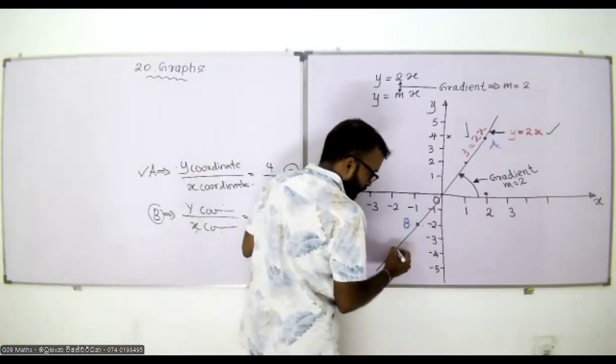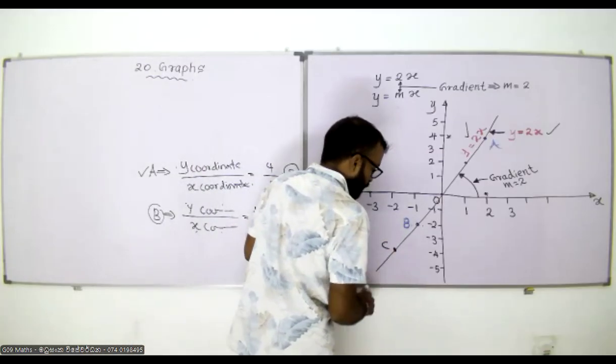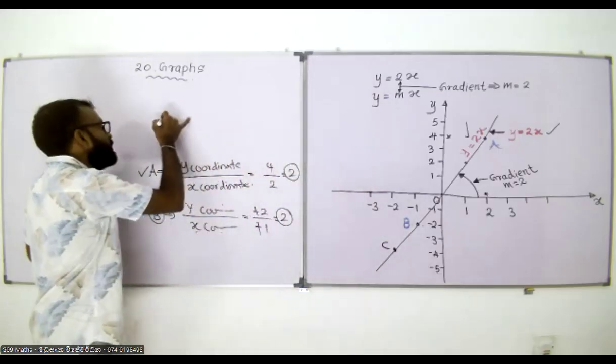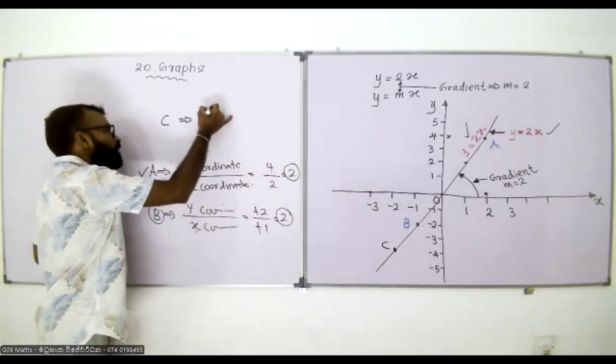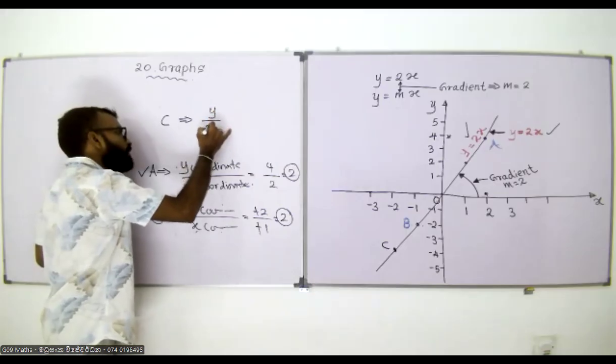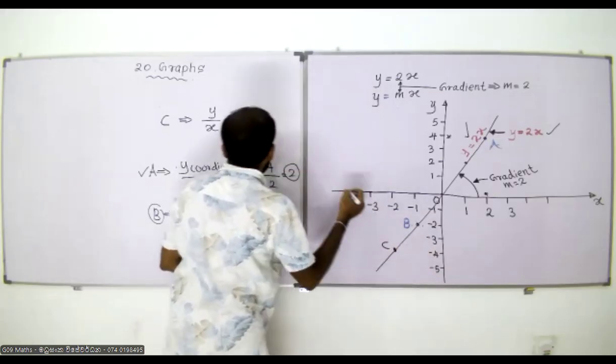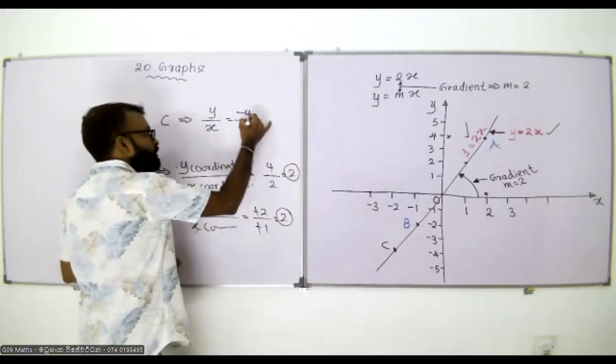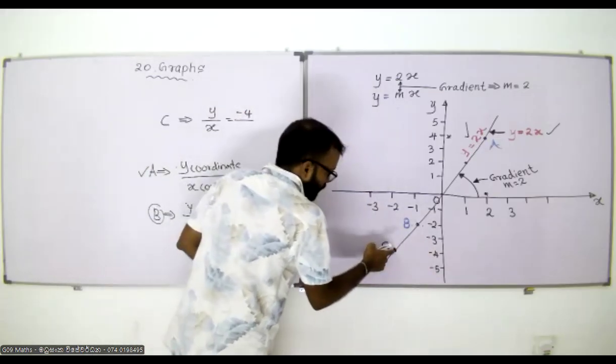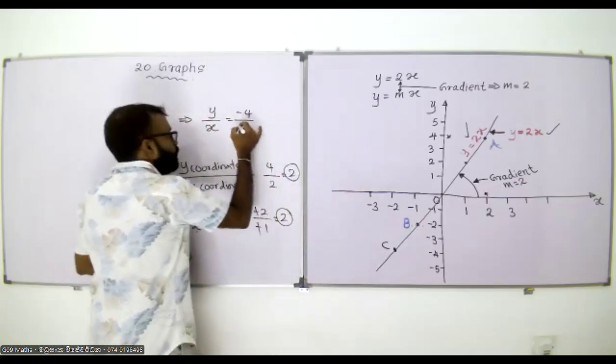And if you get this point, I will say this is C. Again, y coordinate divided by x coordinate. Y coordinate is -4. This is for your knowledge. X coordinate is -2. Don't write.